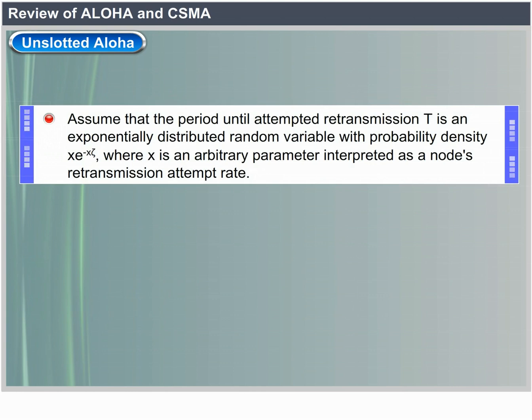Assume that the period until attempted retransmission, tau, is an exponentially distributed random variable with probability density x e^(-x tau), where x is an arbitrary parameter interpreted as a node's retransmission attempt rate.